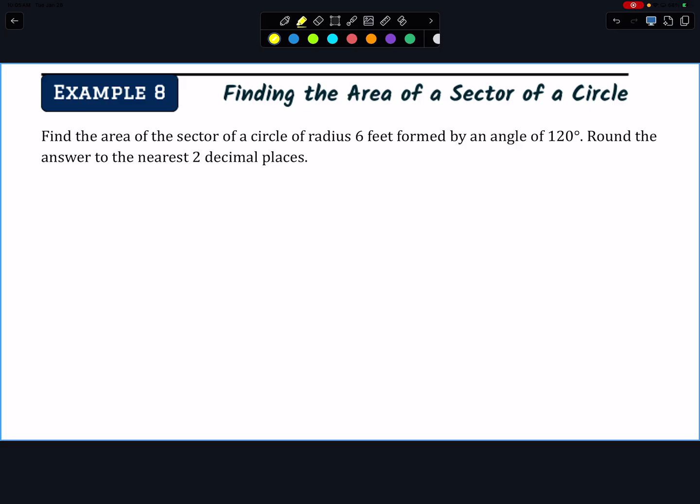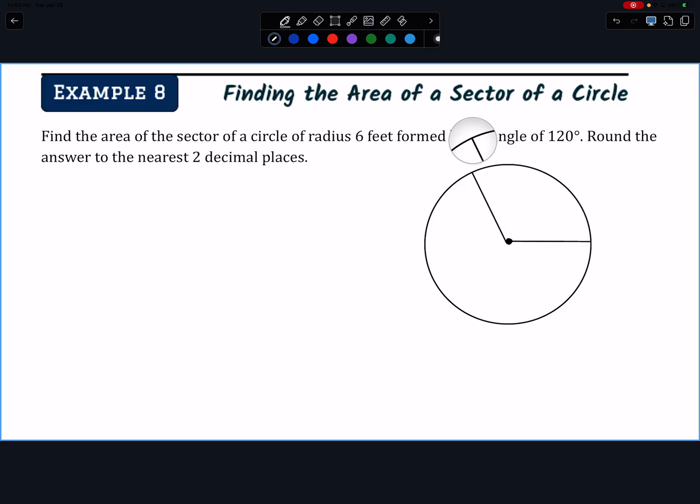To do these problems, you don't need a picture per se, but I'm going to draw a picture so you understand what it's asking. Here's the center of my circle. I have my radius. How long is the radius according to the directions? 6 feet.